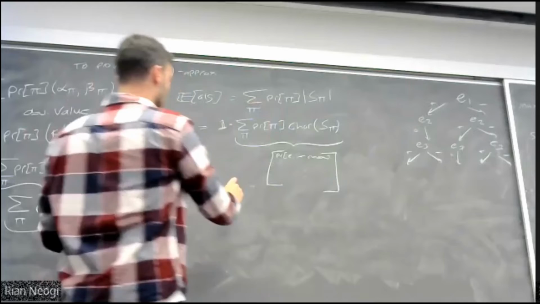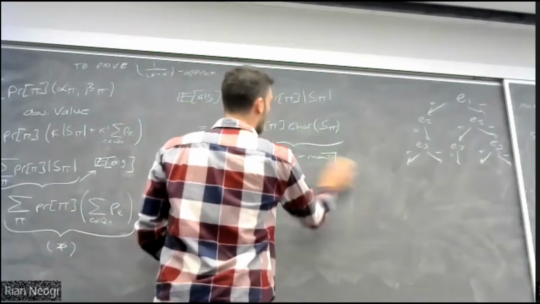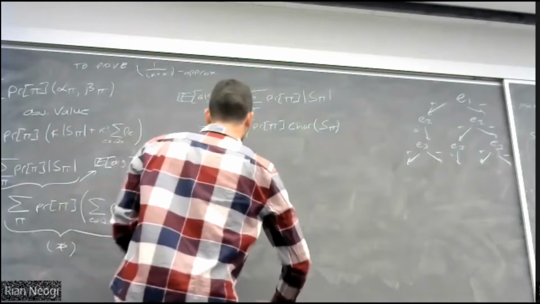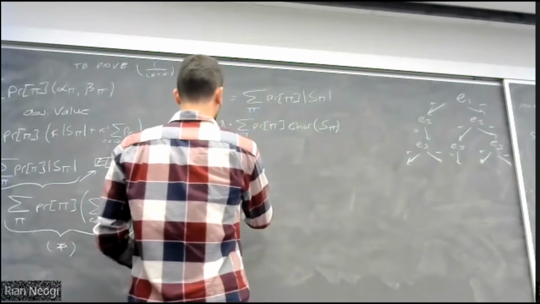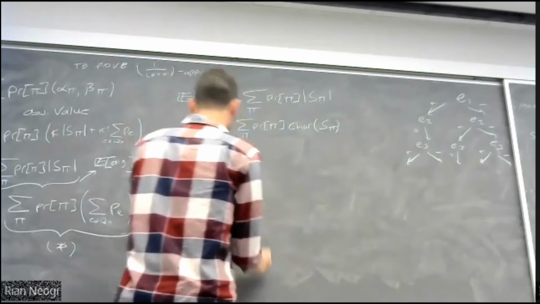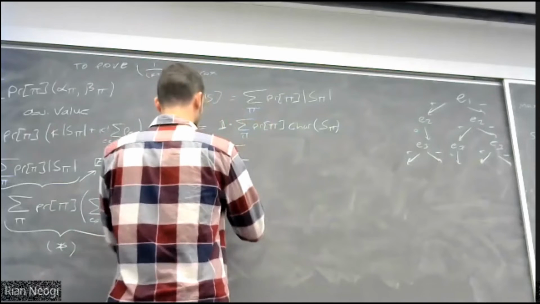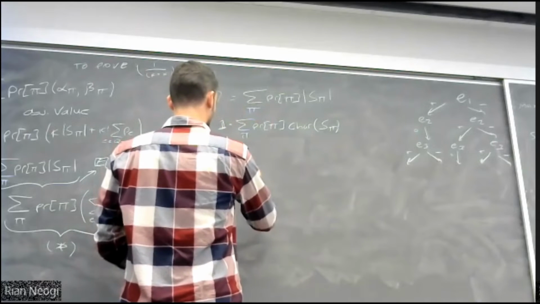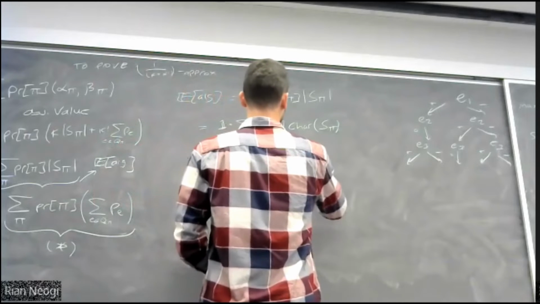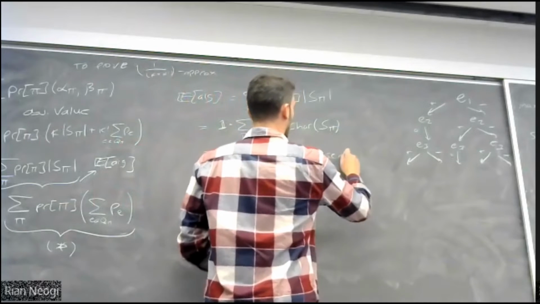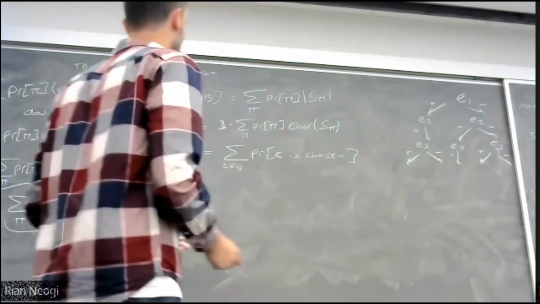What I'm doing is summing all of those probabilities, so I'm summing over all elements in V the probability that E is chosen by our greedy algorithm.